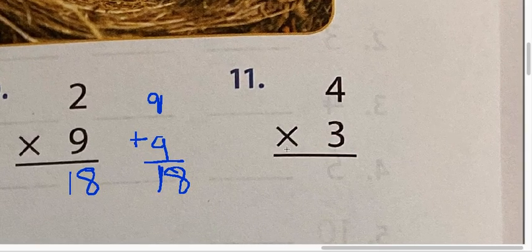Now here we have number 11. We have 4 times 3. Do we know how to skip count by 4? Yes. Do we know how to skip count by 3s? Yes, absolutely. Now you can choose whichever one you want. I'll show you anyway how to do it. Now let's say you decided to skip count by threes. So let's do a dot here. 1, 2, 3, 4.